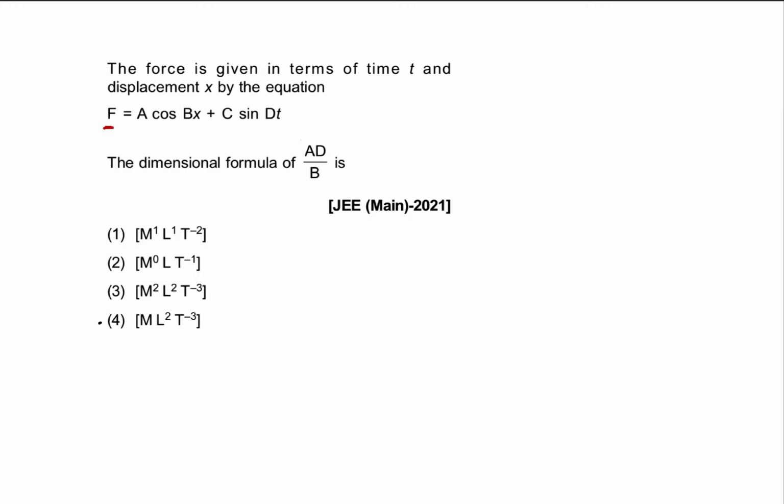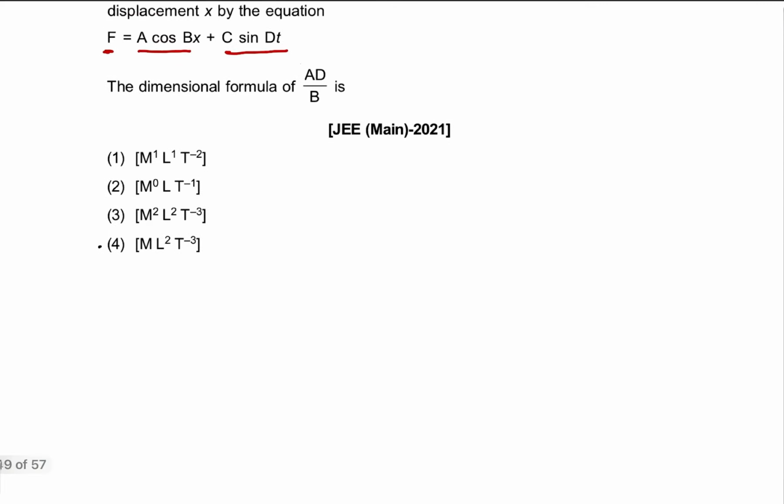In this question, the force is given in terms of time t and displacement x, given by force F is equal to a cos bx plus c sin dt. The dimensional formula of ad by b is equal to how much?